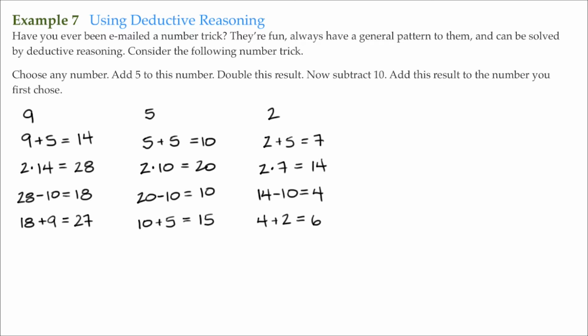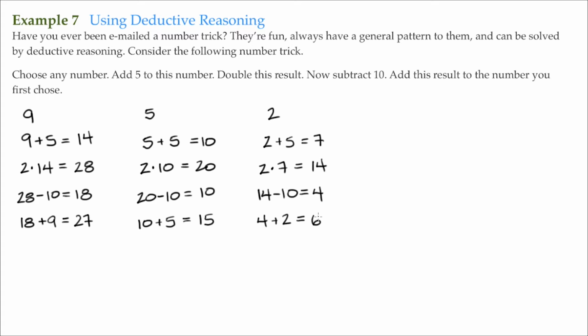So as I see what's going on, I started with 9 and I ended with 27. Started with 5 and I ended with 15. Started with 2 and I ended with 6.